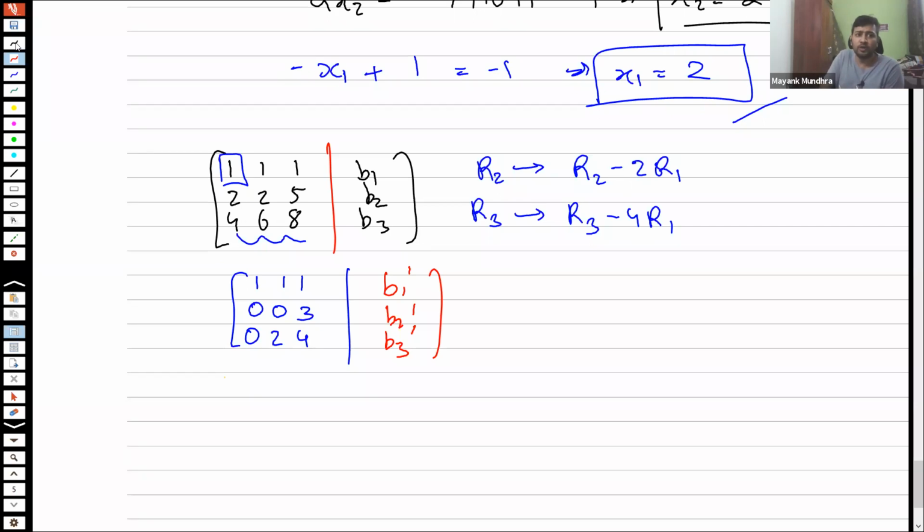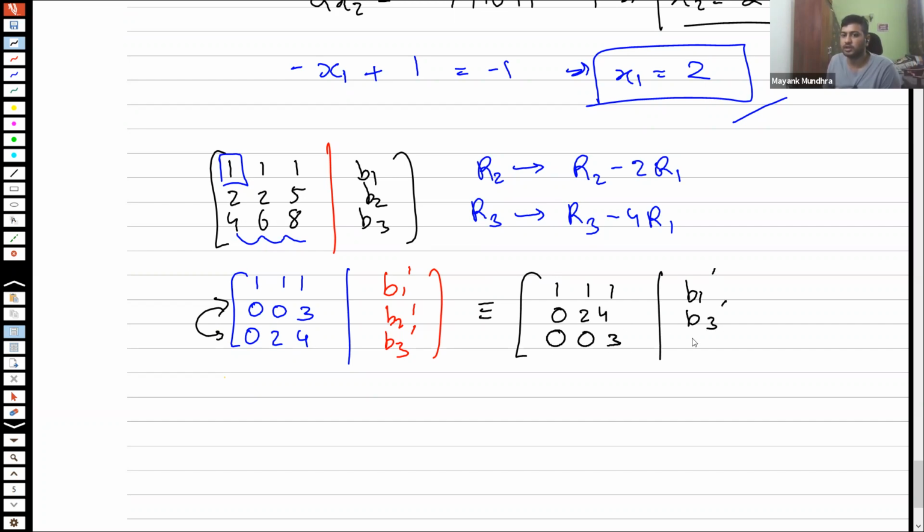So what I do now is a row exchange. Row 2 and row 3 exchange each other. So this becomes 1, 1, 1, b1 prime; 0, 2, 4, b3 prime; 0, 0, 3, b2 prime.